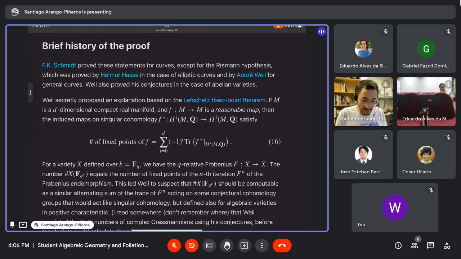And the strategy comes from topology. It's something called the Lefschetz fixed point theorem. And it says something like the following.